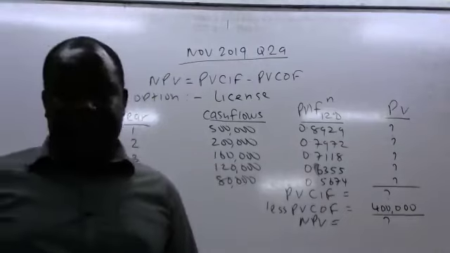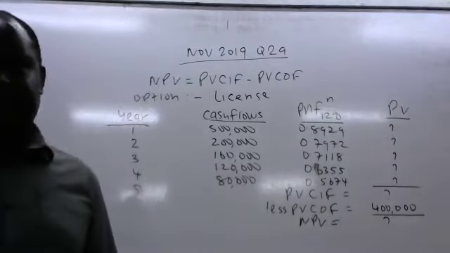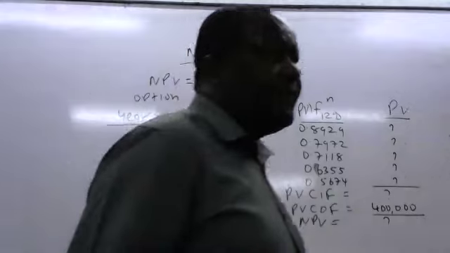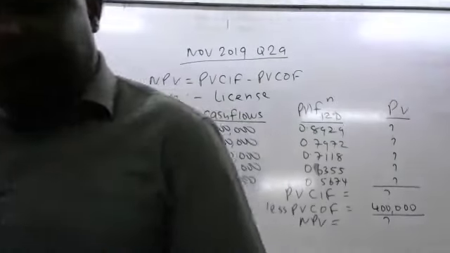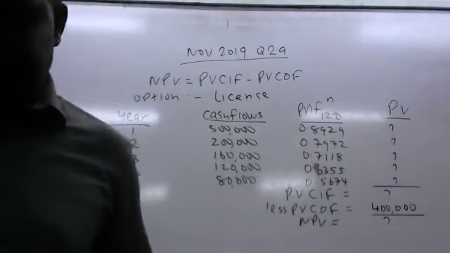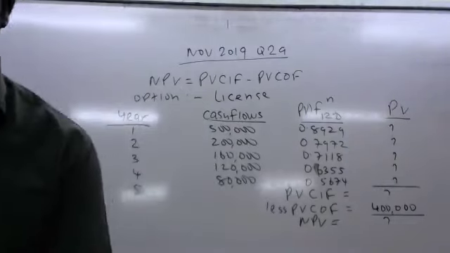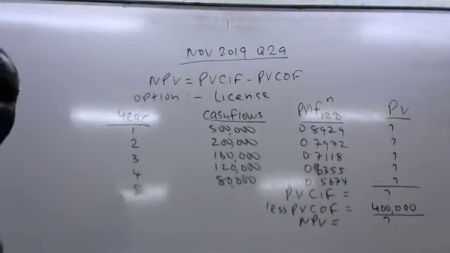So that one is giving us an NPV of how much? 441. Yes, so that is now for the license option. There is also option 3, which is manufacturer.